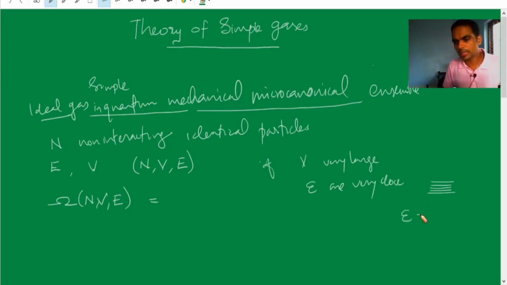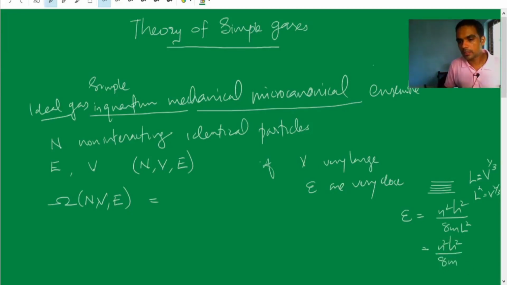This is a kind of particle in a box, so let us take that as an example. E is equal to n squared h squared by 8 m L squared. If it is a cube, then L is equal to V raised to 1 by 3, so L squared is equal to V raised to 2 by 3. So we can write n squared h squared by 8 m V raised to 2 by 3.